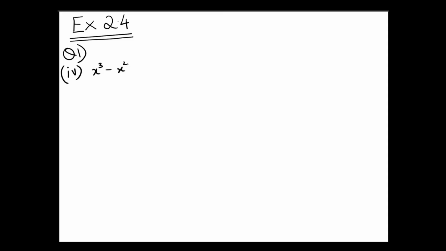That is x cube minus x square minus 2 plus under root 2 of x plus under root 2. This is the given polynomial.